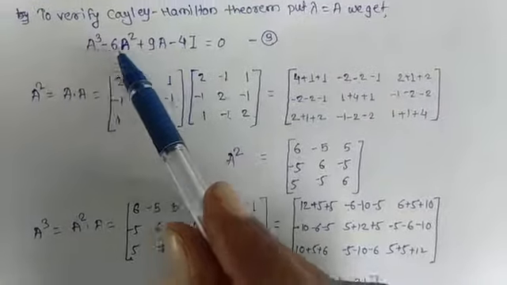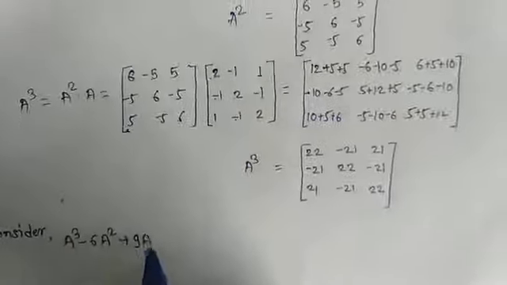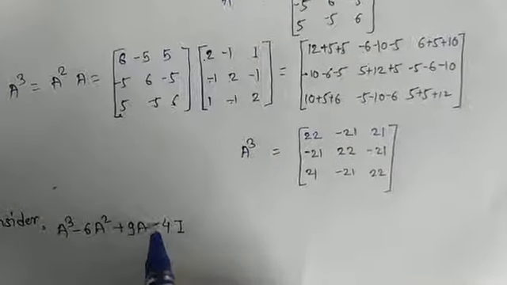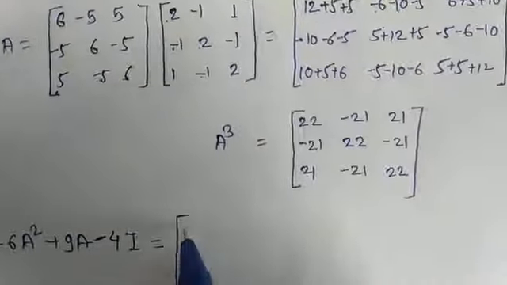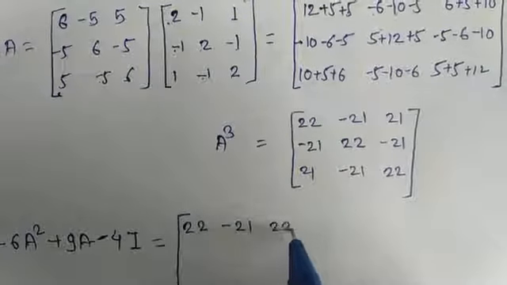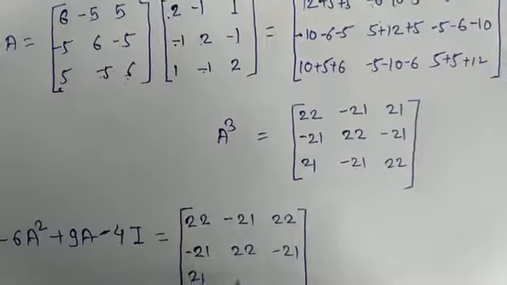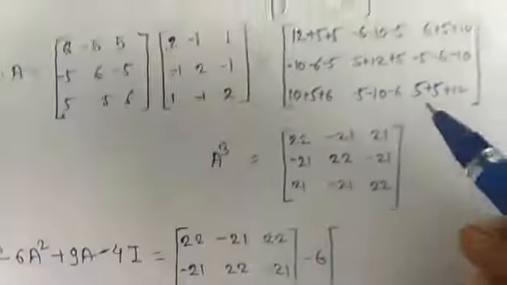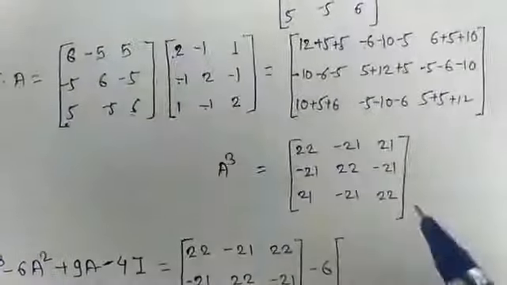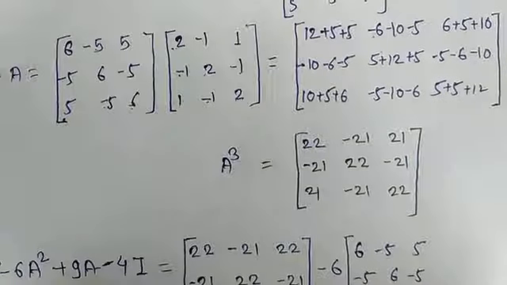Now consider the characteristic equation which we have to verify: A cube minus 6A square plus 9A minus 4I is equal to, now put the value of A cube: 22 minus 21 21, minus 21 22 minus 21, 21 minus 21 22, minus 6 into matrix A square, which we have found here, A square: 6 minus 5 5, minus 5 6 minus 5, 5 minus 5 6.